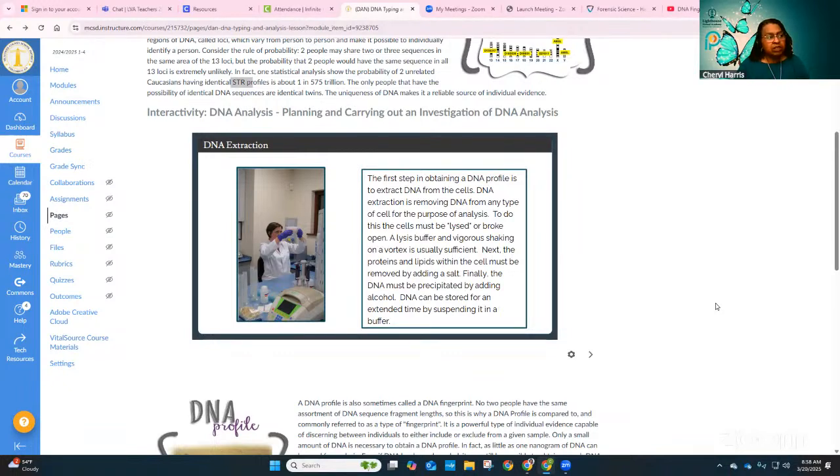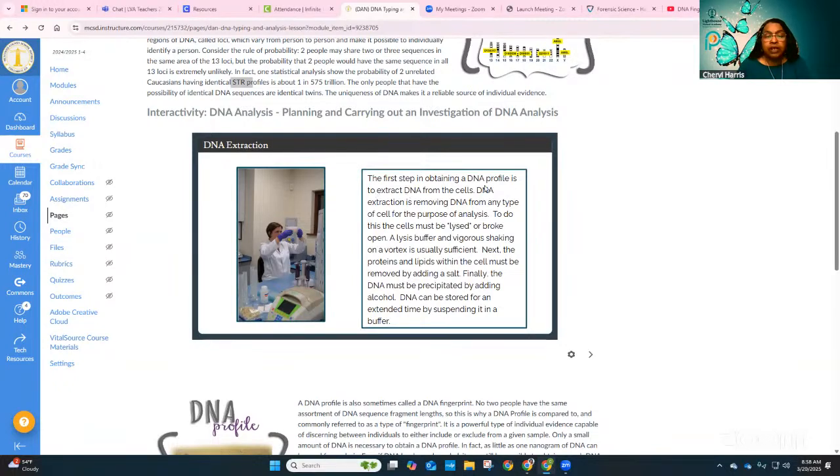But then there are some things that are very unique about you, and those are the things that they are looking for in the profile. So like I said, some of the strands of your DNA will be exactly the same because everybody has those characteristics, but a lot of the characteristics that you have are unique to you. That's how we can physically look at you and tell you from somebody else.